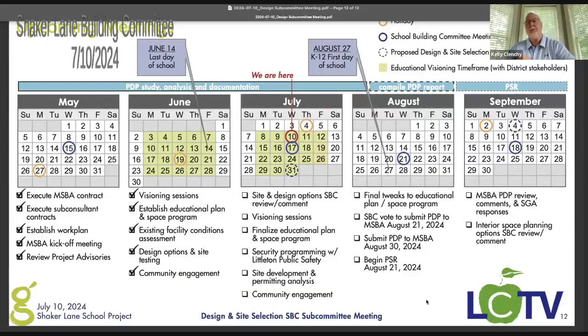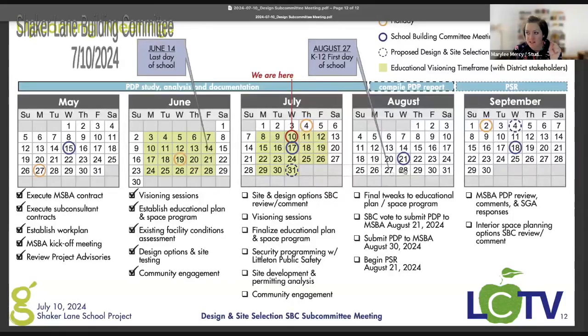So when we submit the PDP, the final document, we still have choices that we can make. Is that correct? When you submit the PDP, you'll be submitting the code upgrade option, one add/reno option, and one new construction option. Okay. And then the PSR is where we take those three options and pick one favorite.